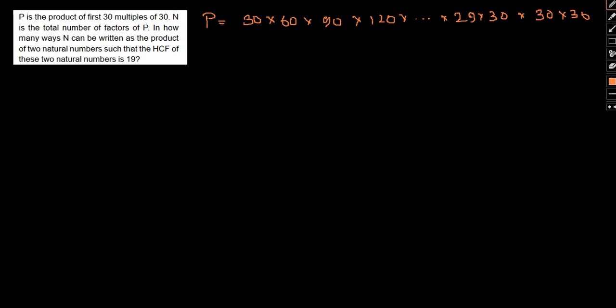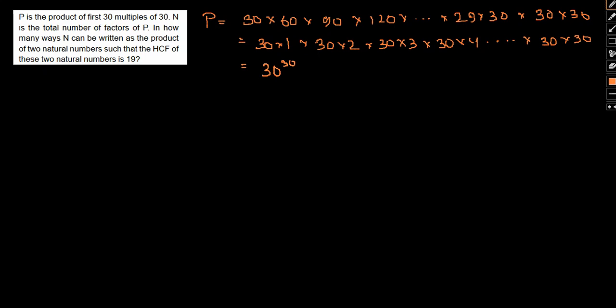So let me represent the same as 30 into 1 into 30 into 2 into 30 into 3 into 30 into 4 and so on till 30 into 30. Okay, so if I take all the 30s common over here, we have 30 to the power 30, and 1 into 2 into 3 into 4 till 30, we have 30 factorial. So I hope this thing is clear.